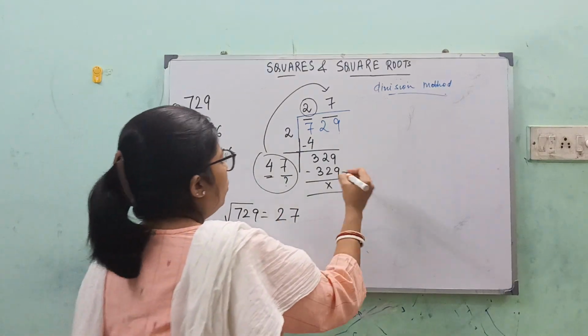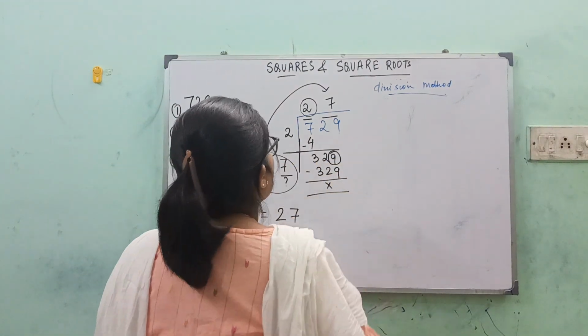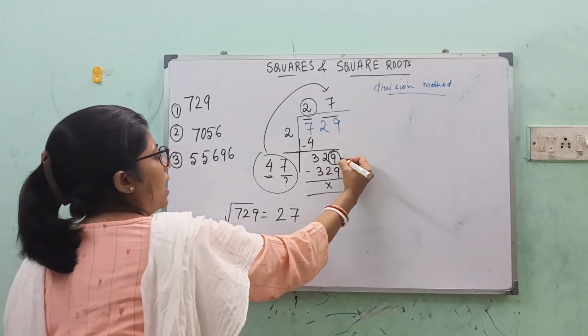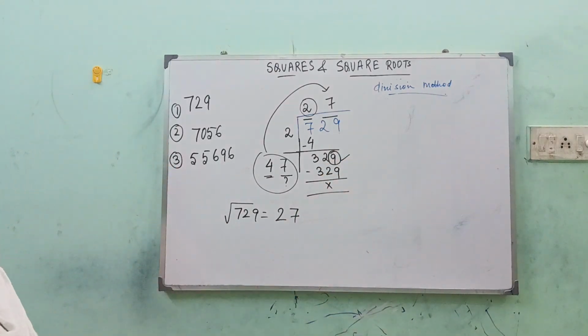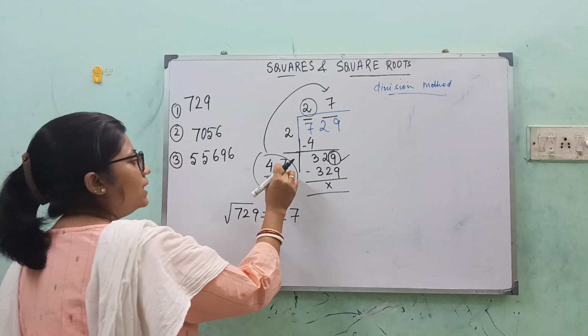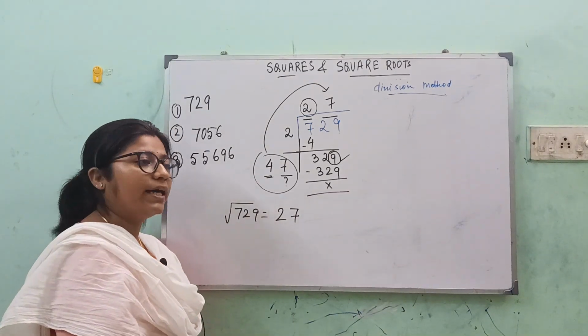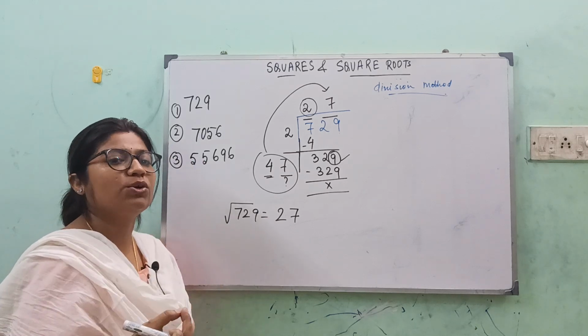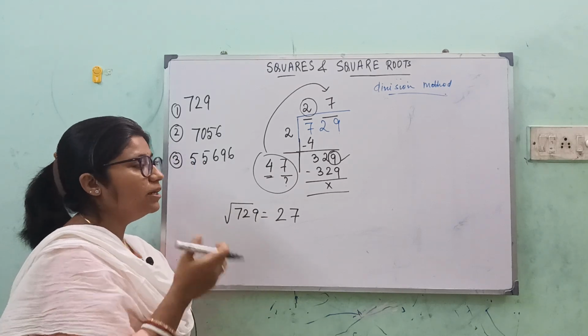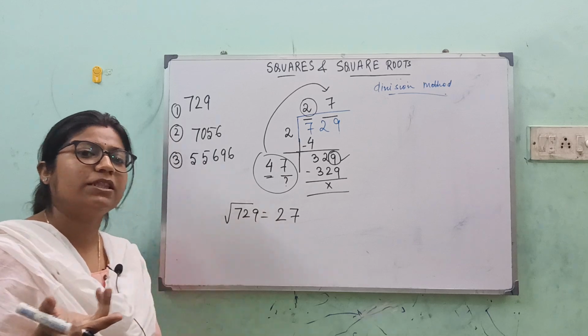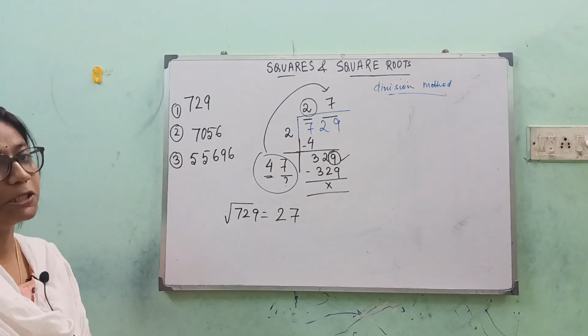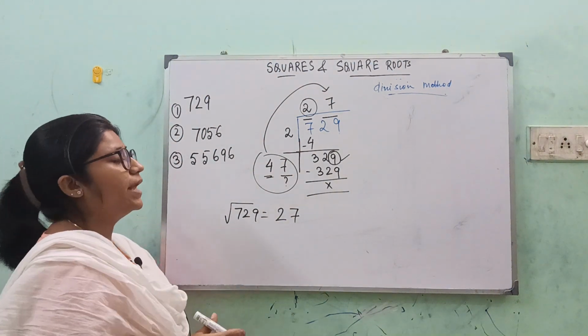Alright. So how do we decide what number I will put over here? You check the last digit in the new dividend. It is 9. So you have to find out what number multiplied by itself brings a 9 in the units place. Either numbers having 3 in the units place, when multiplied, bring a 9 in the units place in the product, or numbers having 7 in the units place will bring a 9 in the units place.